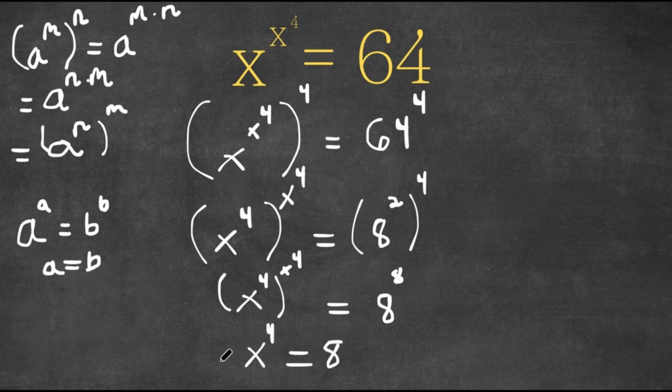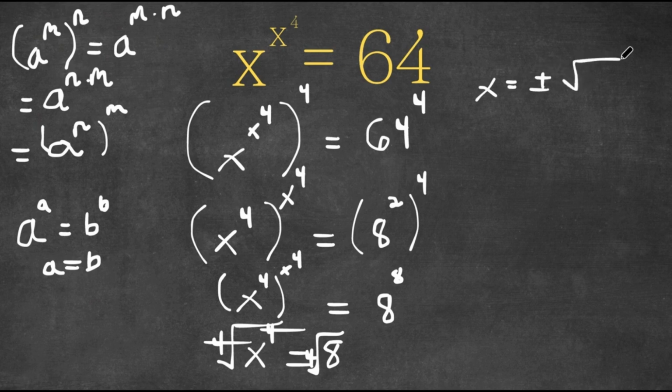So now to cancel this power out, I'm going to take the root of 4 on both sides. So now these two cancel out, and I'm left with x is equal to positive or negative, sorry, not square root, root 4 of 8.